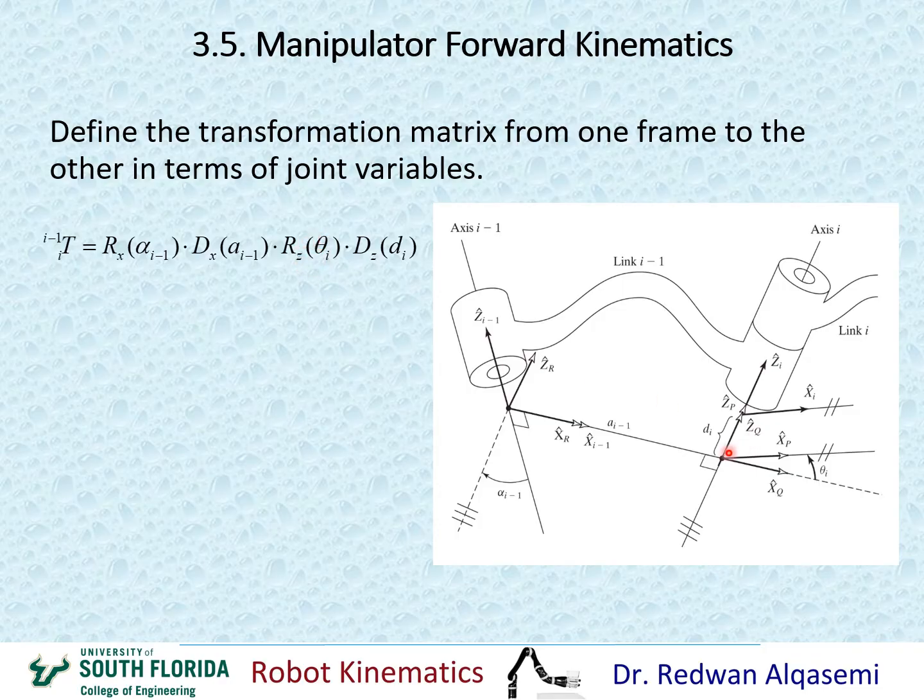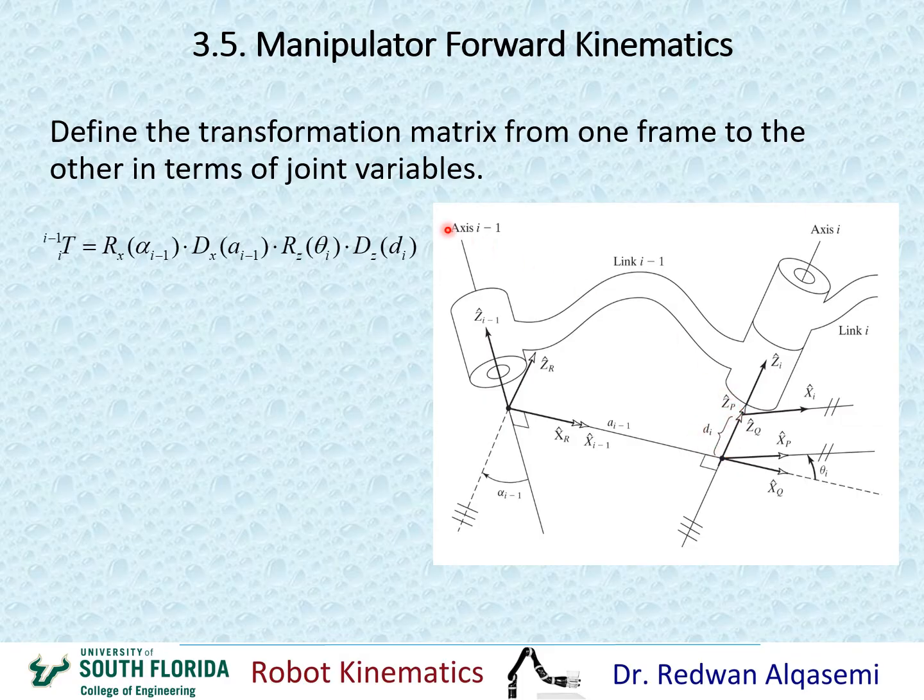Okay, so now my frame becomes my x. All right, and then the last motion I have to make is to move from this center to the next center, which is the center of frame i, and this motion has to go along z i by the amount of d i right here.